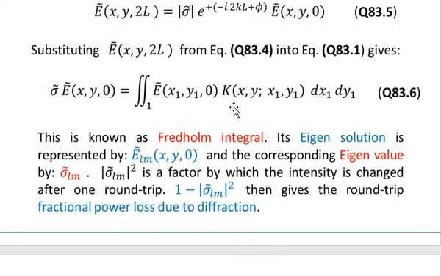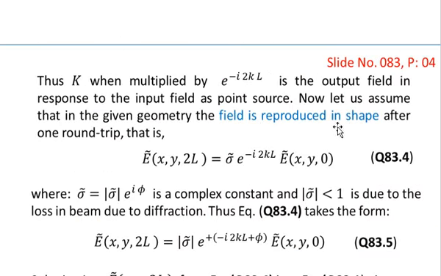We are not going to solve this integral, but we know that the solution of this integral will give you the field at the output plane, in principle after one round trip. You see that E prime of x comma y comma 0 will be the initial field, and after one round trip we want the field to be reproduced in shape.